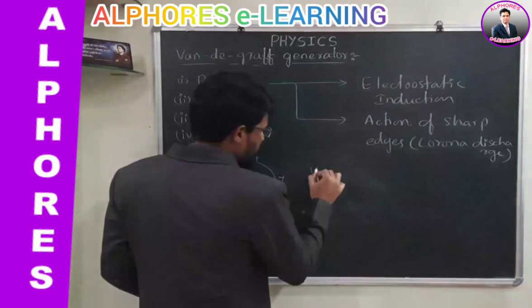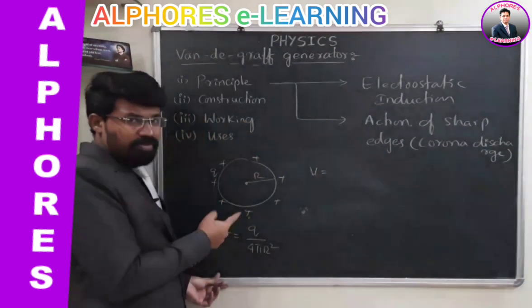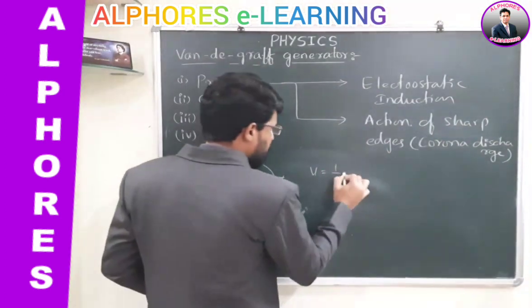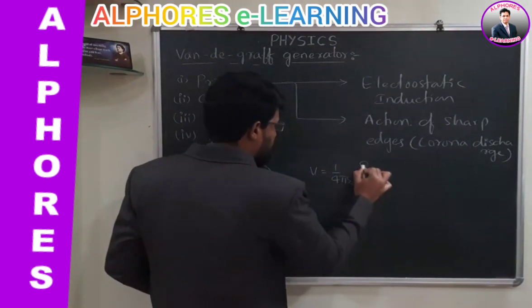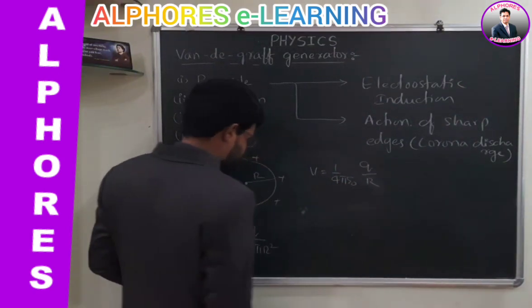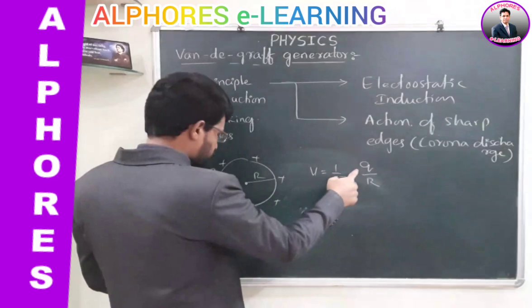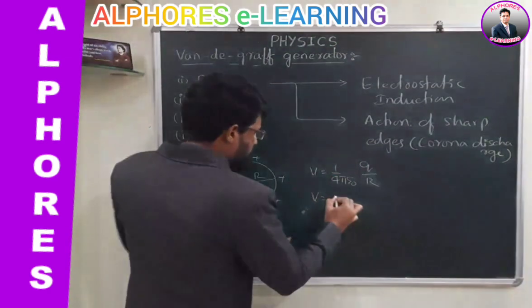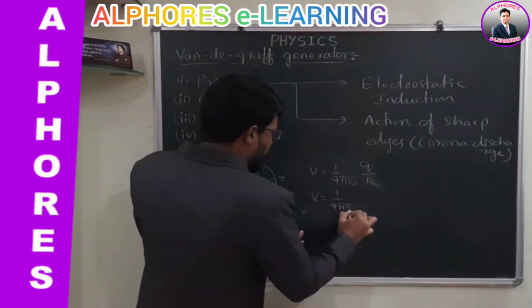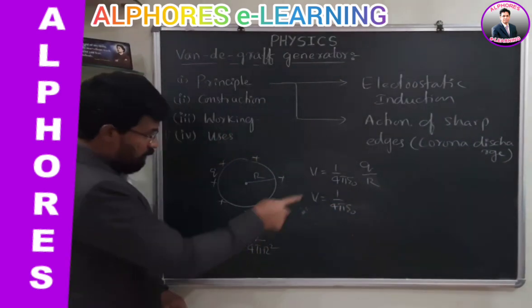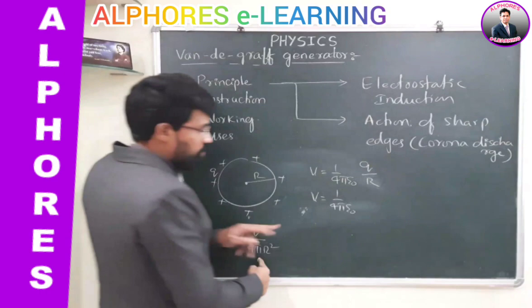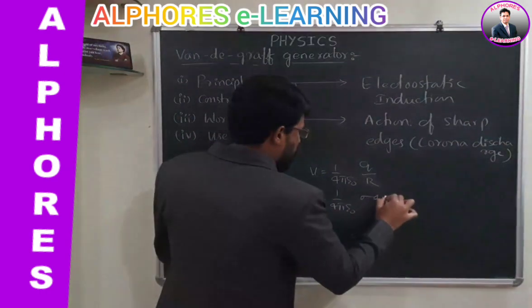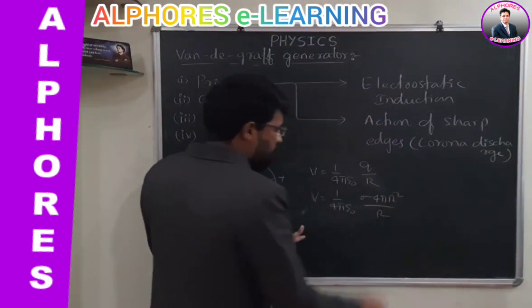The potential on the surface or inside is V equals 1 by 4 pi epsilon naught into q by r, isn't it? Now I'm going to replace this q with sigma into 4 pi r squared. I can do that, right? So V is equal to 1 by 4 pi epsilon naught, sigma into 4 pi r squared, divided by r.